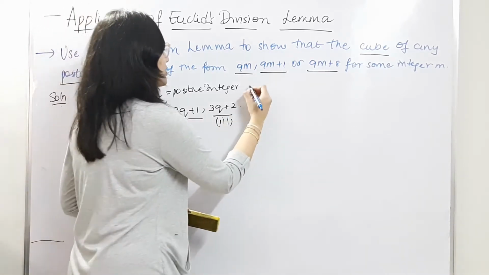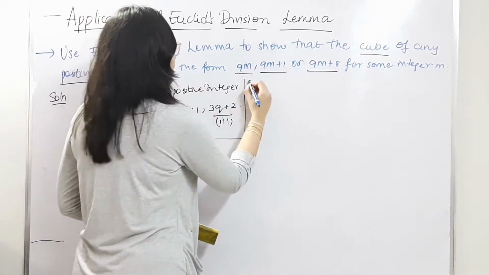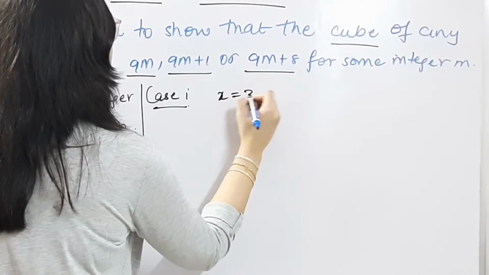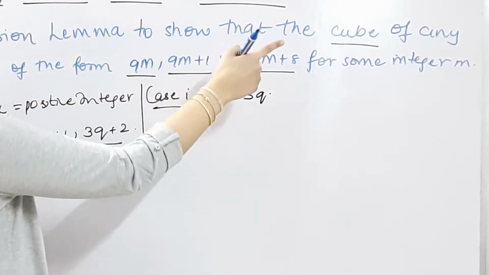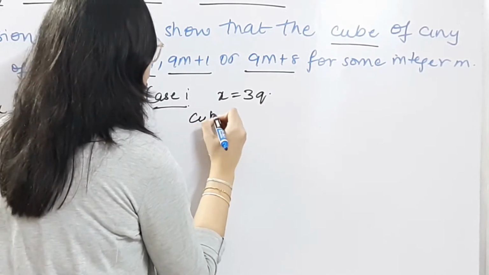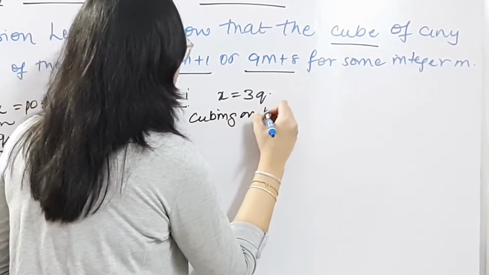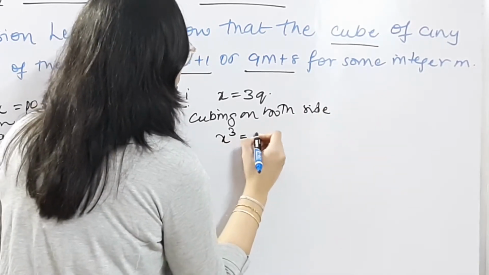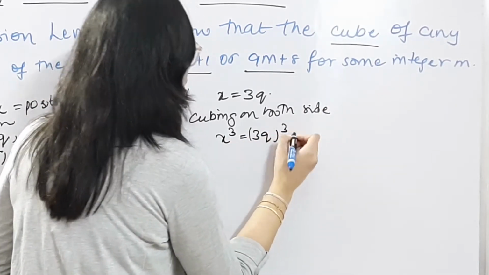This is the first case, this is the second case and this is the third case. So what happens when we take x is equal to 3q. Now he's asking for the cube. Cube means cube of both sides. So when you say cubing on both sides, we get x cube is equal to 3q whole cube.